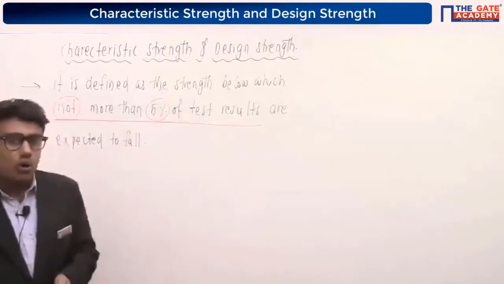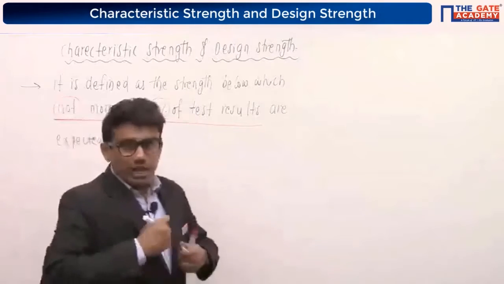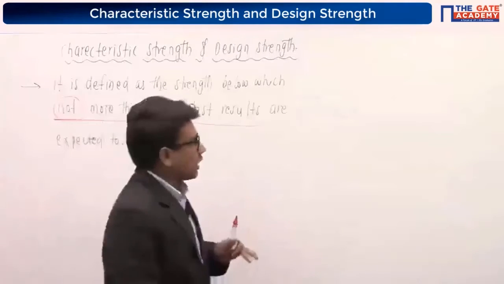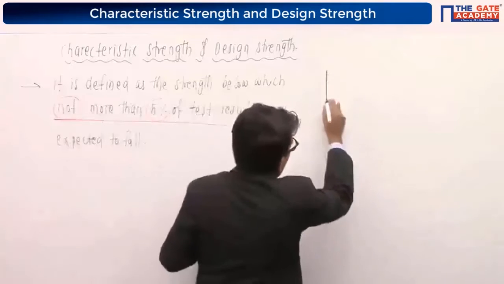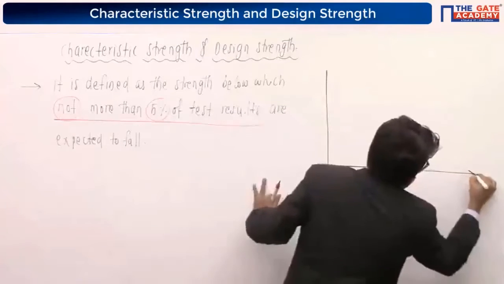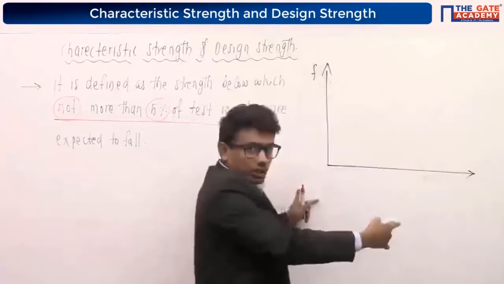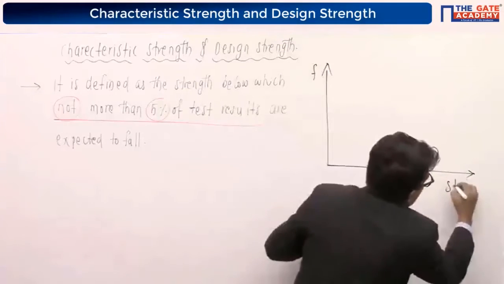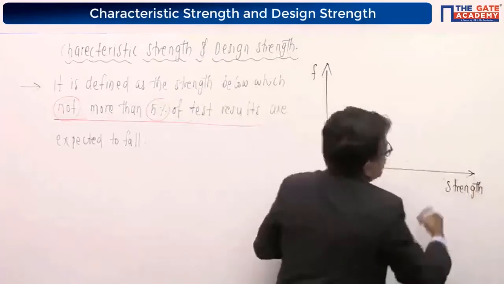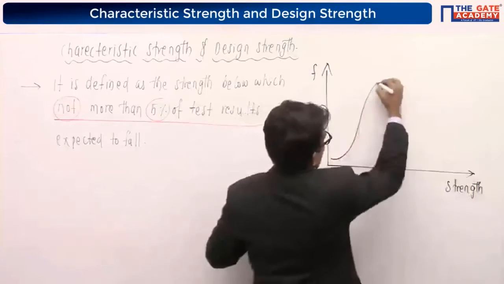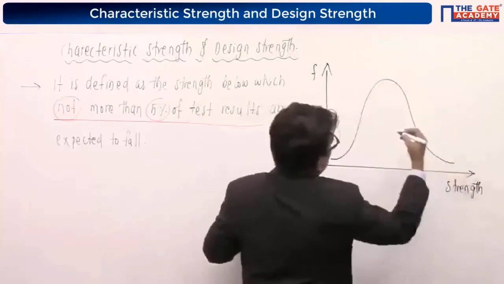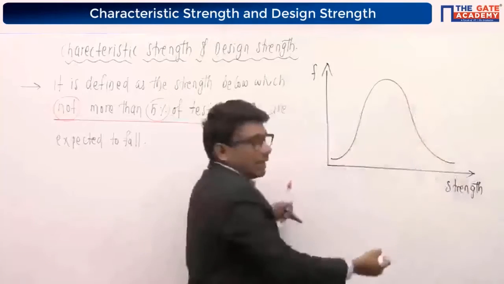Again, it is assumed that this will follow the normal distribution curve, just like we discussed in the previous lecture. We will have the frequency of occurrence on the y-axis, and here, instead of load, we will have the strength of the structure. This is our normal distribution curve, a symmetric bell-shaped curve.